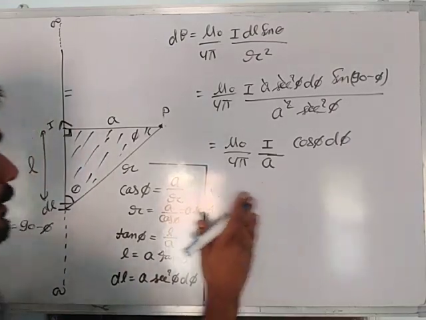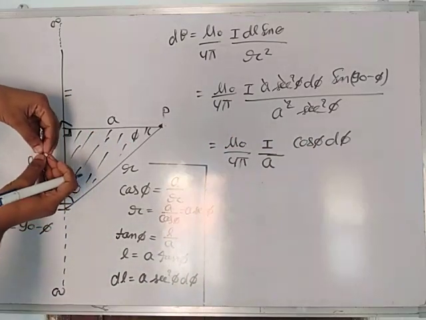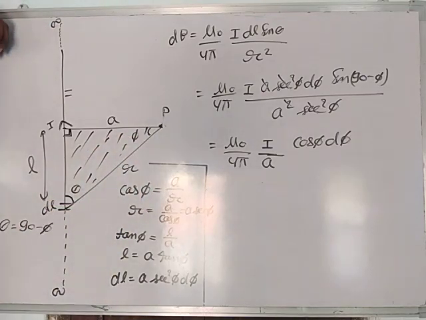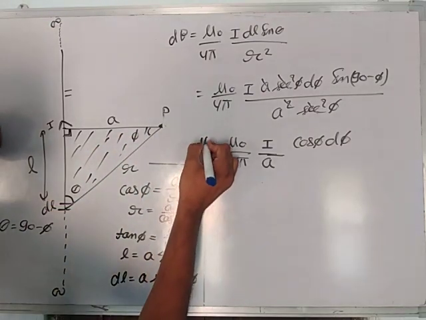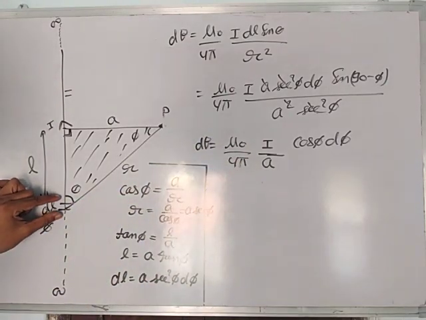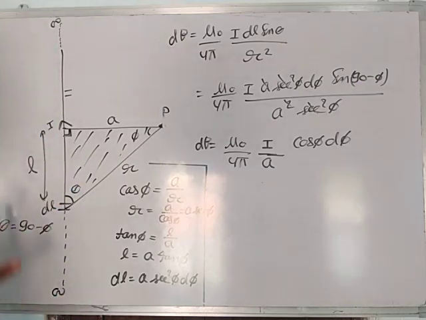And students, you can see here that phi is a variable. As you extend the length of the conductor, phi will also increase. Then this expression is for only a small length dl. Now you are going to calculate for the complete length.